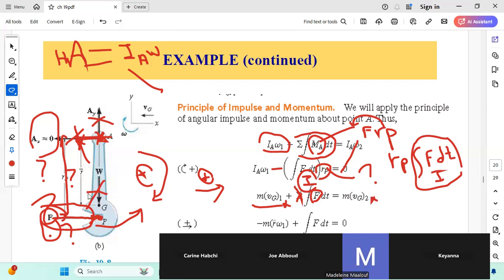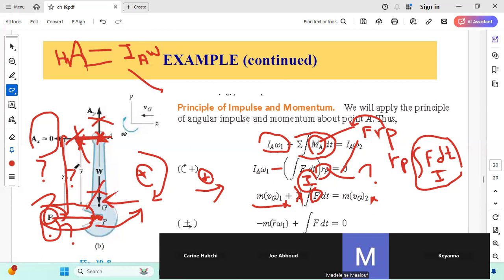But as you can see here, we are in the case of rotation about fixed point A. So at the position of collision, which is the vertical position, the vG vector is horizontal. And because vG is horizontal, it's already along x, no need to project. We just have to replace vG by its value.